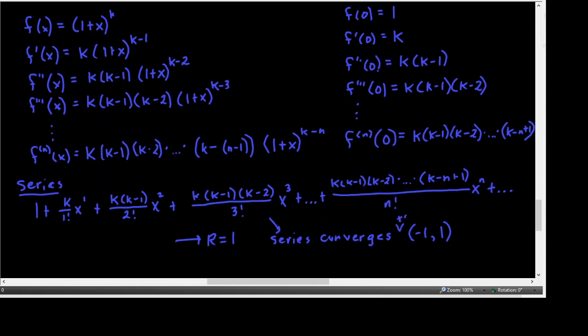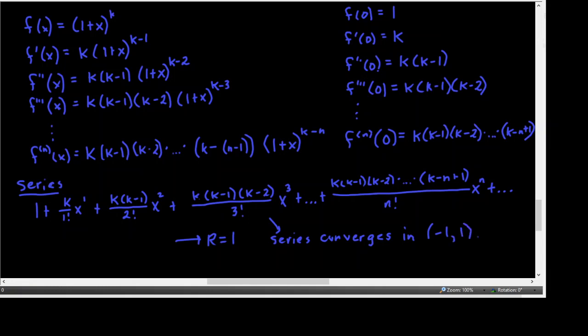Series converges in the interval. That's actually the best word. In the interval -1 to 1.